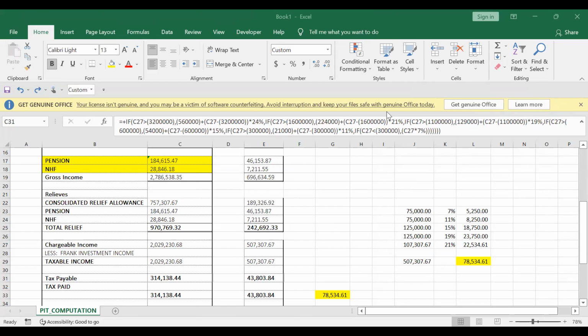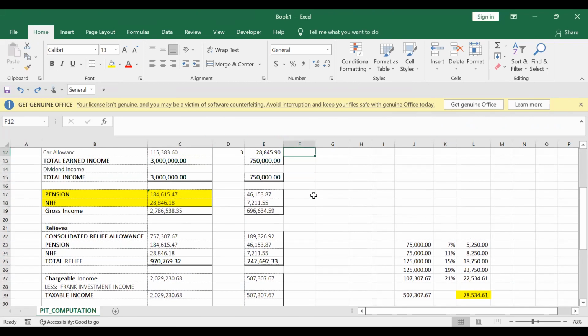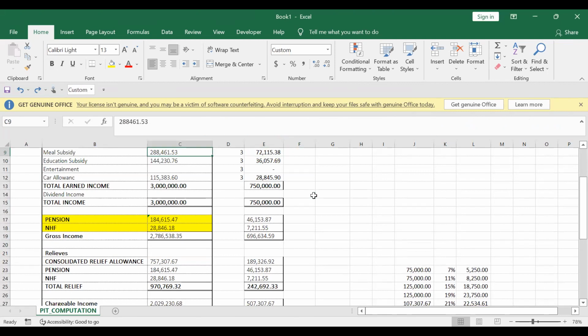Good evening, sir. Sir, my question is, let me just create a scenario. Someone earning 40,000 in a month, with an annual salary of 480,000. After deducting all the necessary deductions, including the CRA, most times the taxable income is less than 300,000, where the tax rate on the first 300,000 is 7%.